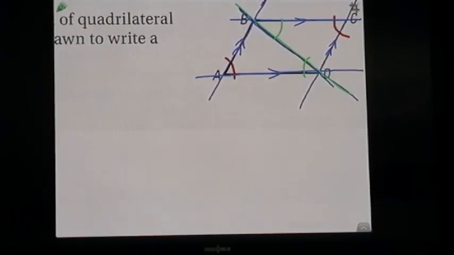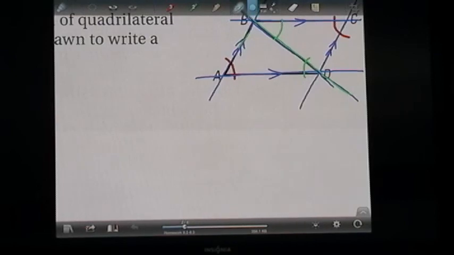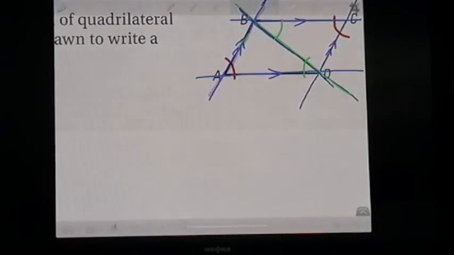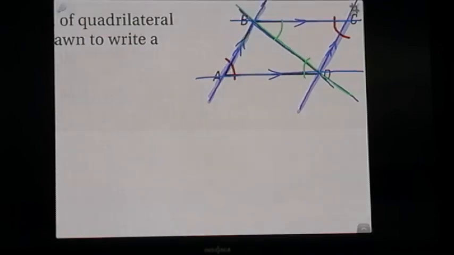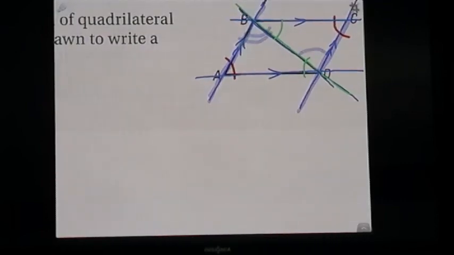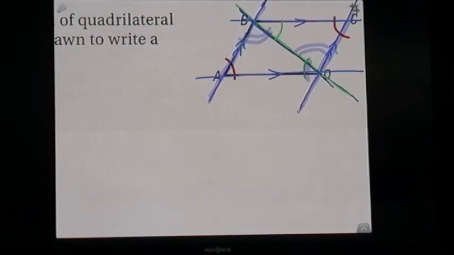Okay, now if you're looking at the other set of parallel lines, and I will highlight them, there's another set of alternate interior angles that are congruent to each other. Okay, so now we have angle, and we have angle, and then we should know that BD is congruent to itself.